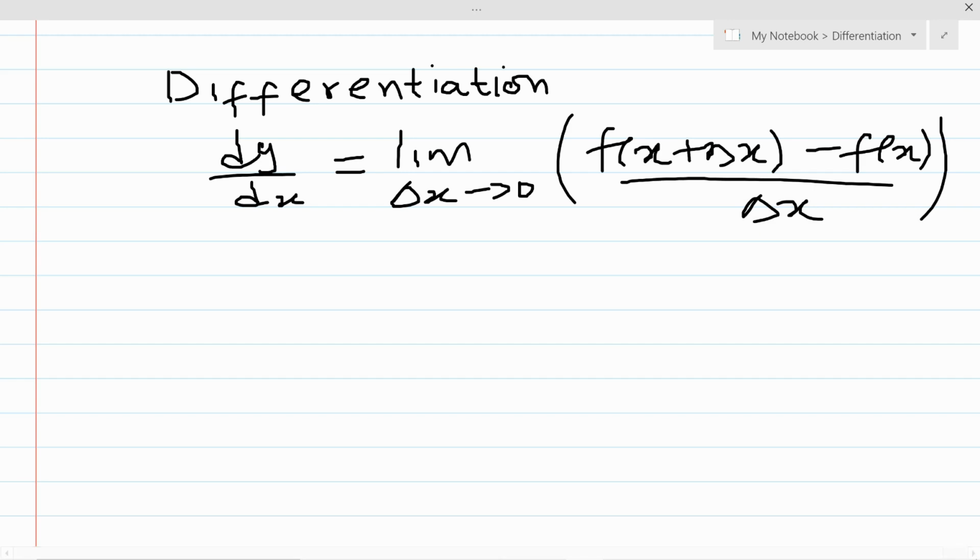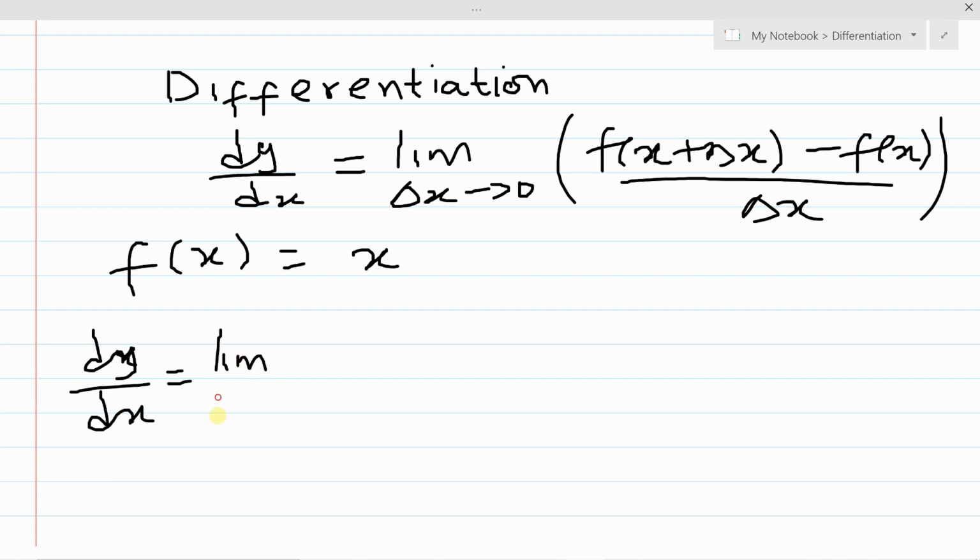Now with this, let's see, if I have a certain function f of x equals, let's say, x, then dy/dx is given by the limit as delta x approaches 0 of f of x plus delta x.